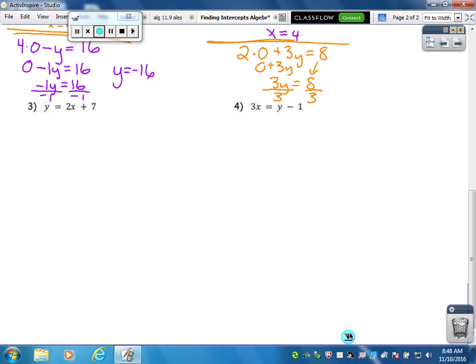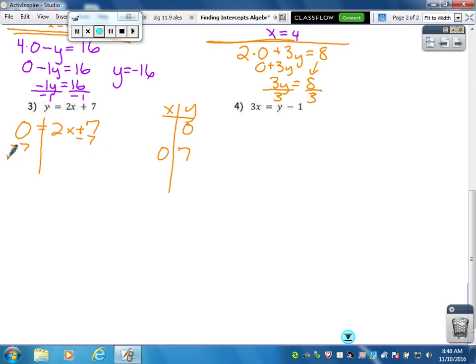Alright, if you're smart enough, on number 3, you already have your y-intercept. Notice that slope-intercept form. So I already know from my t-chart, 0, 0, I know that the y-intercept is positive 7. But let's go solve for the x-intercept real quick. So 0 is equal to 2x plus 7. So in case you forgot why we plugged in a 0 there, if I want the x-intercept, y is 0, I can't just get rid of that because it's the side of my equation.